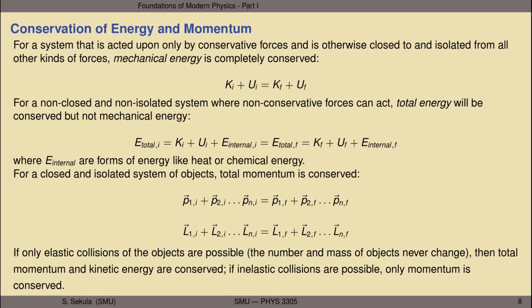Now, if only elastic collisions of these objects are possible, that is, the number and mass of the objects never changes, then the total momentum and kinetic energy are conserved in that case. But if inelastic collisions are possible, where objects can stick together for appreciable periods of time, or if they can lose mass or gain mass, then only momentum will be conserved. But again, you have to be very careful with how closed and isolated the system is.